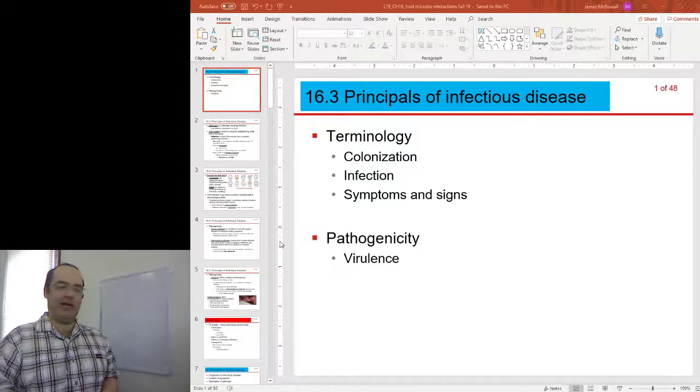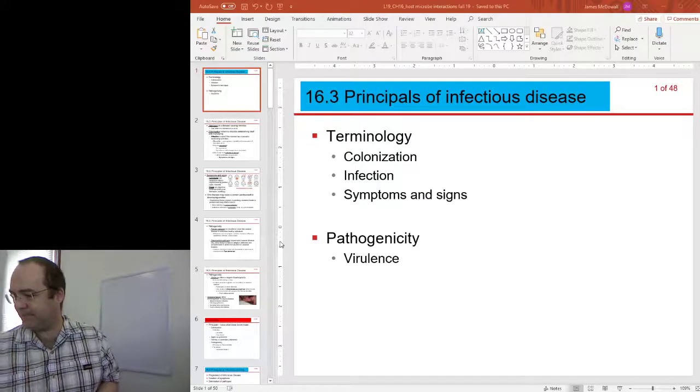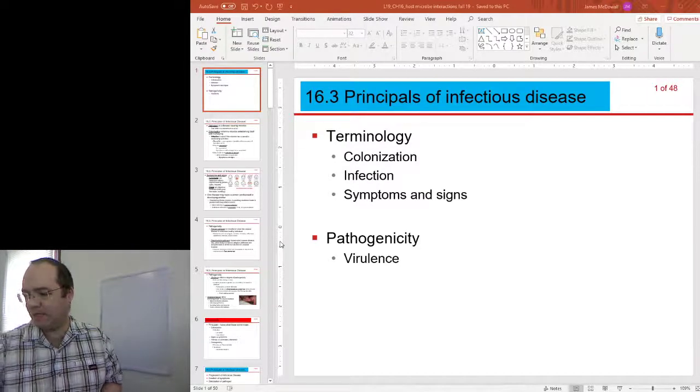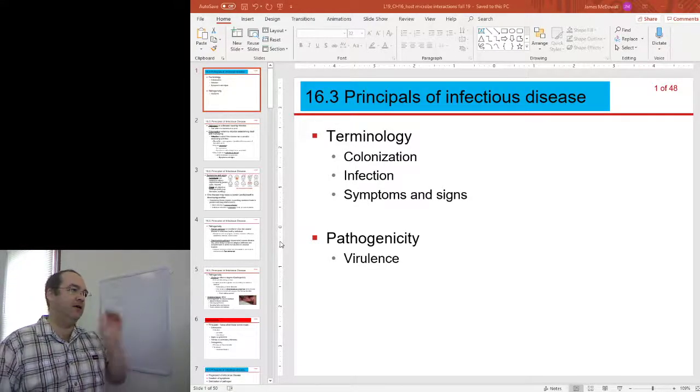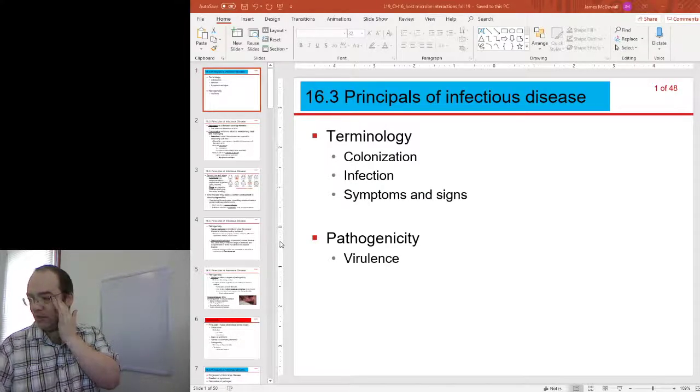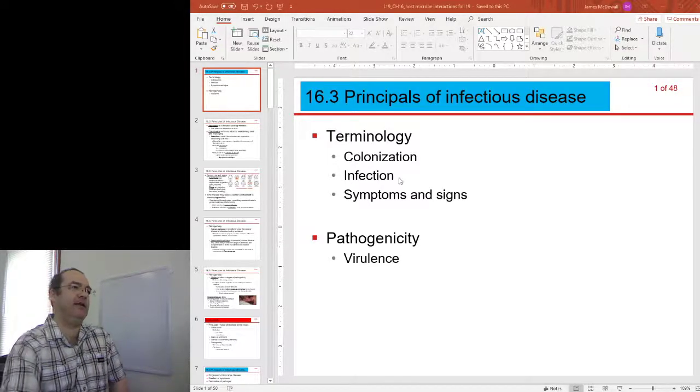So we're going to start in section 16.3, which begins on page 418 with principles of infectious disease.